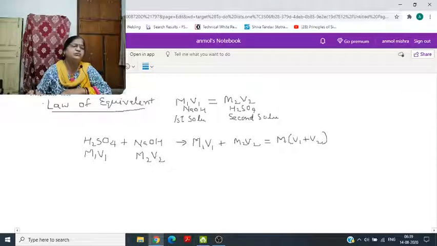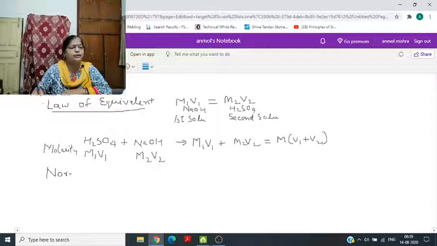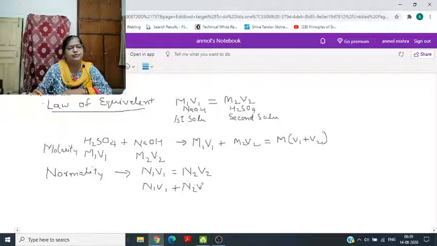Similarly, we can also use it for normality. That was the concept for molarity, and again I am telling you the normality concept is not in your syllabus, but since the formulas are similar, I am telling you here: N1 V1 is equal to N2 V2, or N1 V1 plus N2 V2 is equal to N into V1 plus V2.